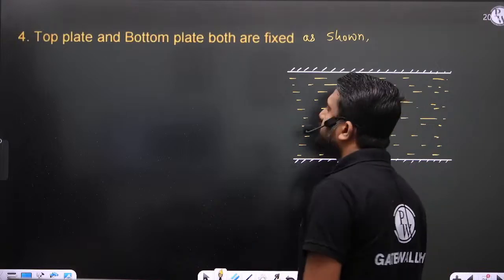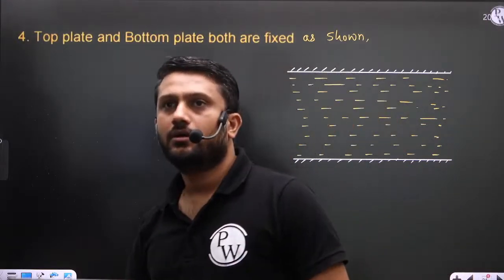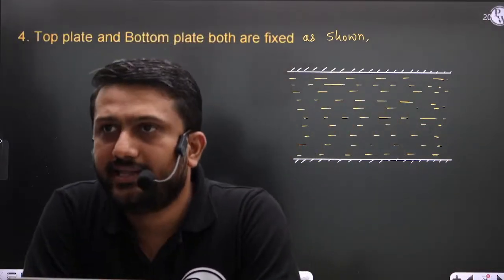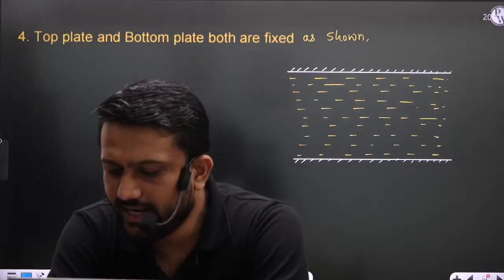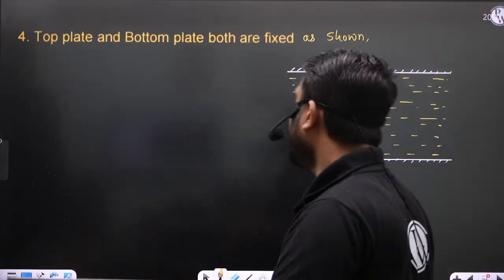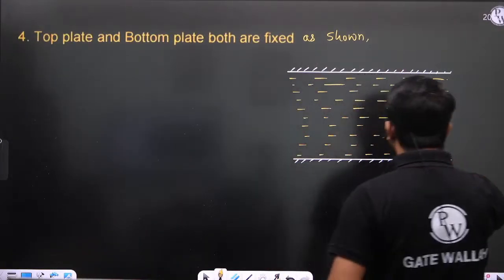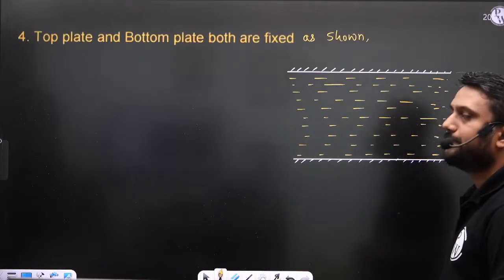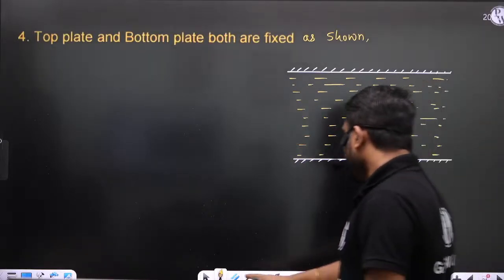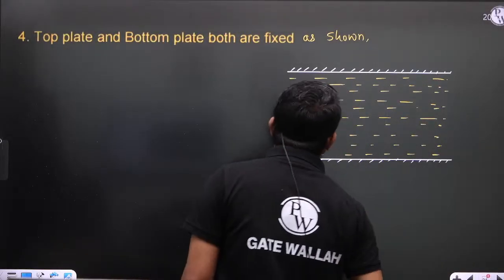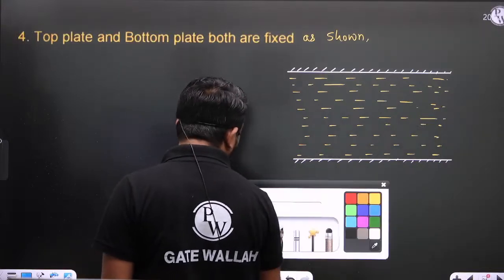So this fluid is flowing in between two fixed plates. This is the top plate, this is the bottom plate, and both the plates are fixed. Now see here, what is my objective?